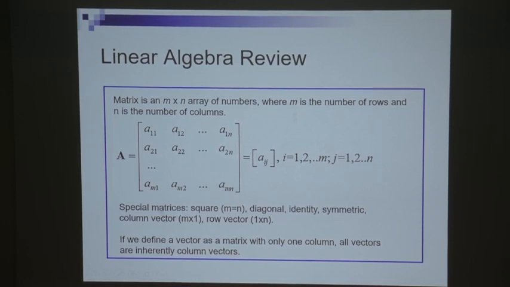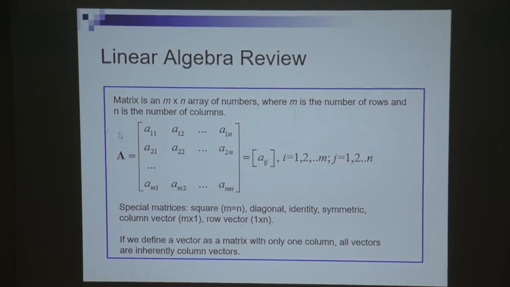There are different types of special matrices. A square matrix means that m is equal to n. You have diagonal, identity, as well as symmetric matrices. Please refer to the notes to understand these. And then a column vector: a column vector is m by 1, which is a special matrix.